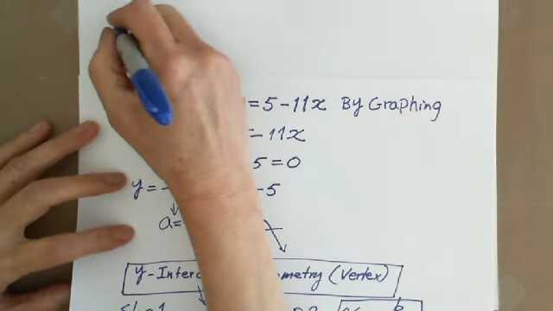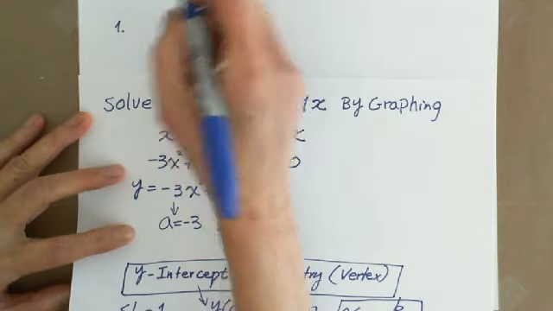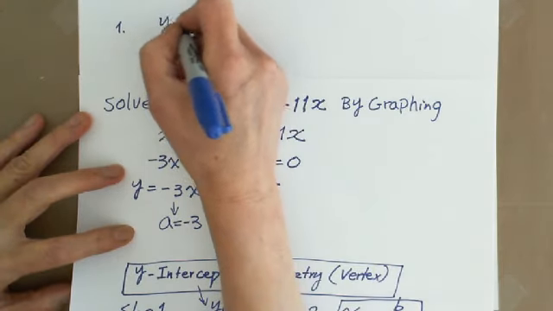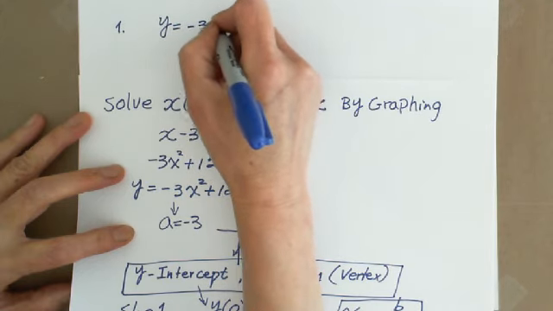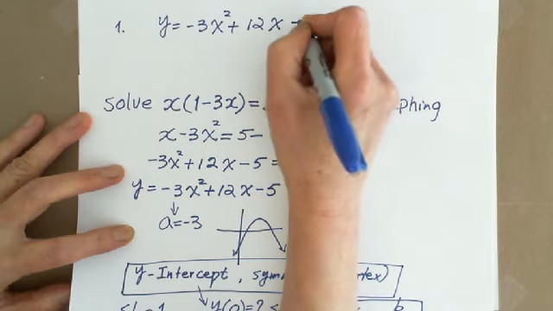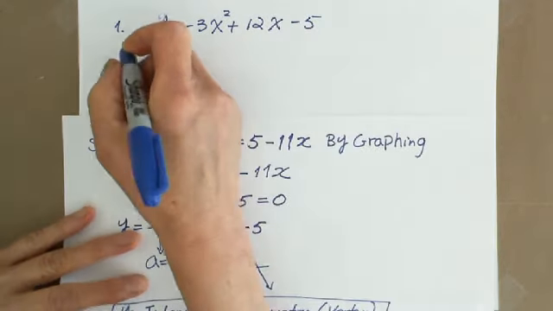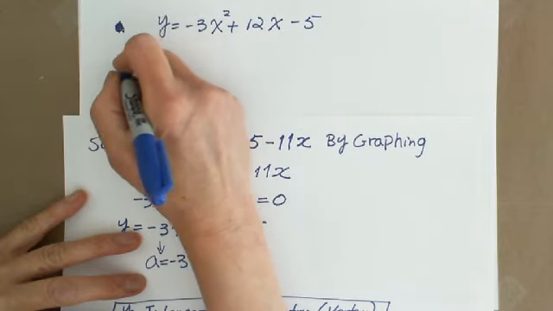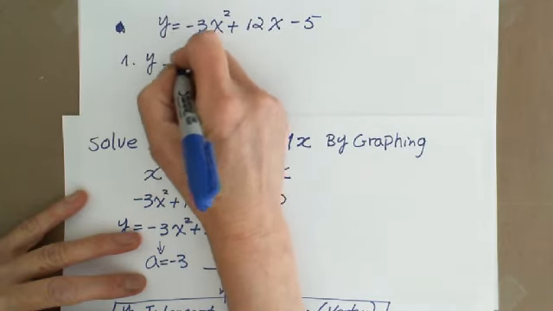First of all, we write y equals negative 3x squared plus 12x minus 5. First, find the y-intercept.